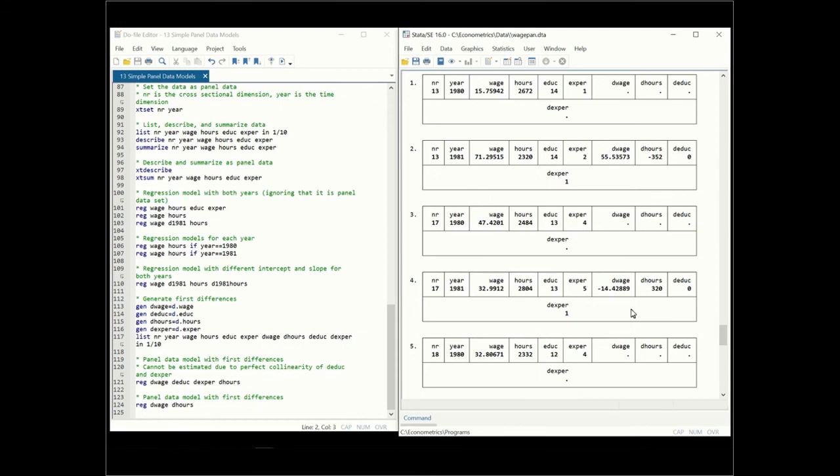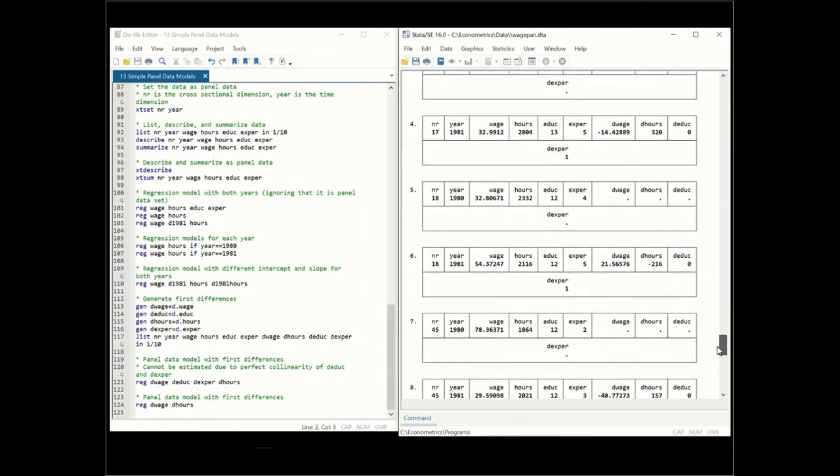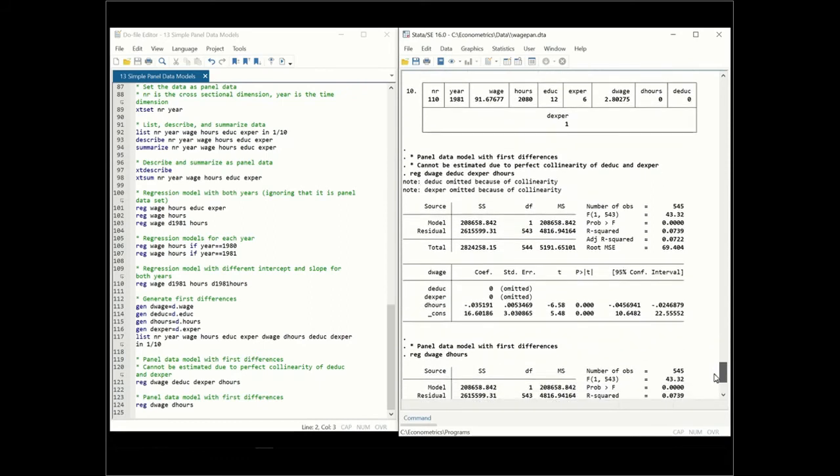Notice that one thing that happened here is that we do have some variation for d wage and d hours, but we have no variation for education. It just happened that no one in the sample got more education. And experience now becomes a deterministic variable of 1, because everyone increased their experience by 1.